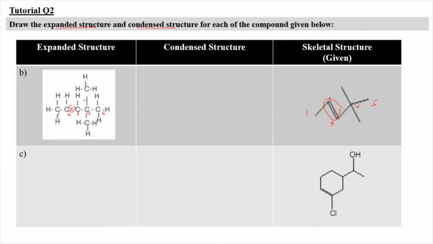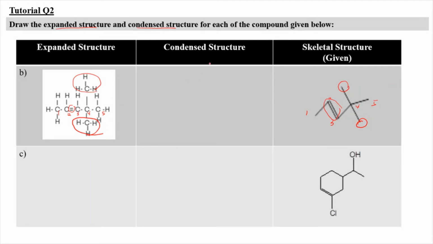Carbon number 4 is going to have a CH3 and another CH3. For the other parts, you only fill in the carbons with hydrogen so that the hydrogen atoms are shown here.